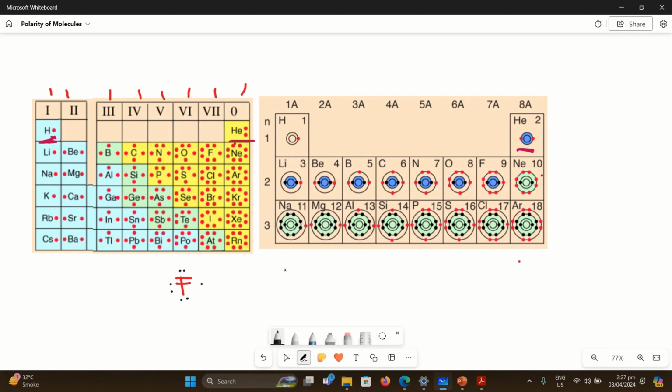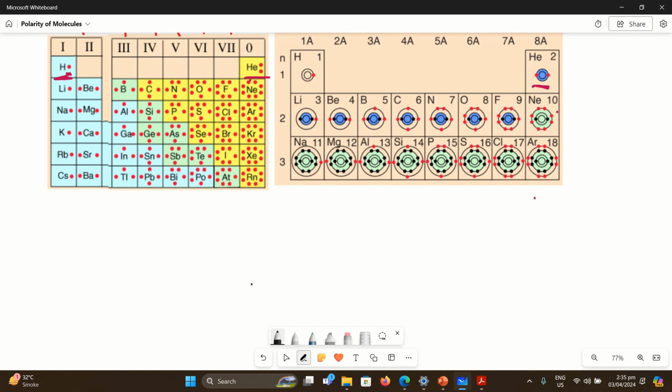So, paano natin ma-determine if it is non-polar or polar covalent bond? Okay, example, we have HCl, which is polar covalent bond. Okay, so let's just write polar covalent bond. Paano nangyari yun? Paano siya naging polar bond? So, pag i-draw natin sa Lewis dot structure or the valence electron niya is, we have Cl here.